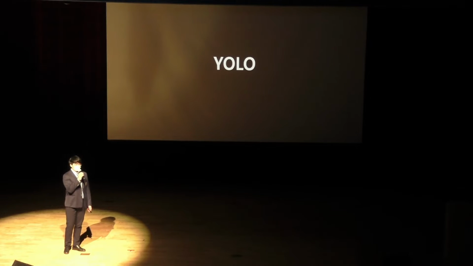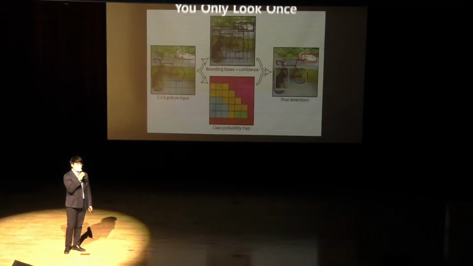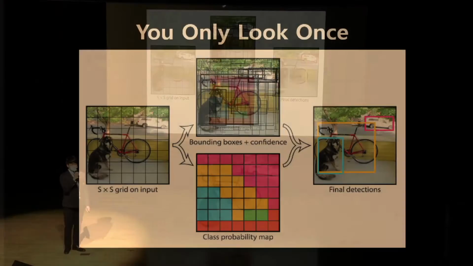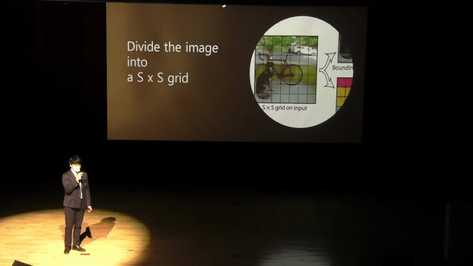RCNN is too slow. You probably know YOLO as having different meaning, but in artificial intelligence, it is the object detection model. YOLO stands for you only look once. As the name suggests, it is the algorithm that performs object detection by viewing images only once. Let's talk about basic structure of YOLO algorithm. Before the input data, YOLO divides the image into classes.